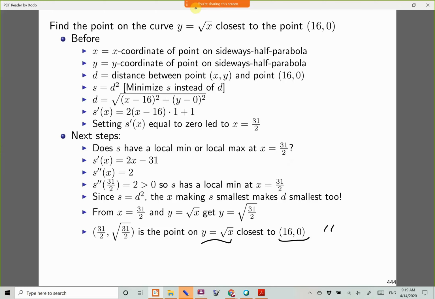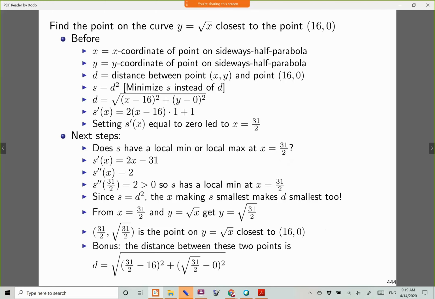But as a bonus, I just want to point out that if the question said something different, like find the distance, how far away is a point on the curve, to ask a different question, if you need the value of d, fortunately we know it is this.